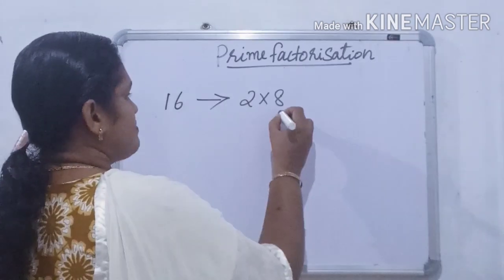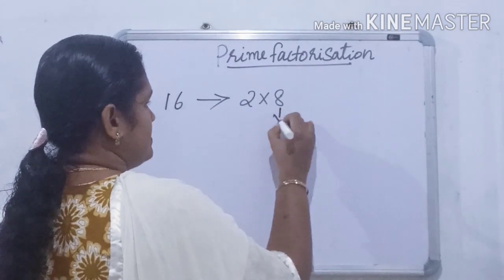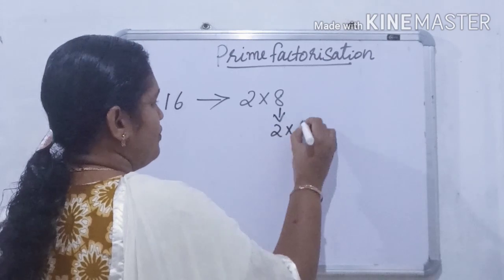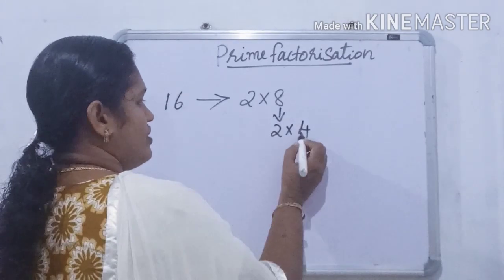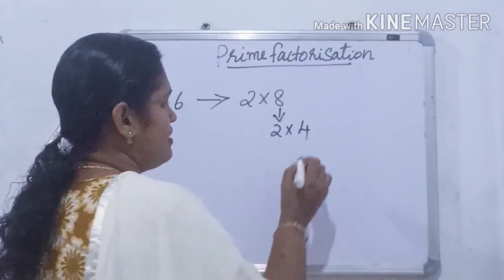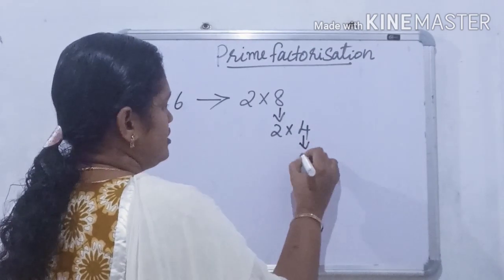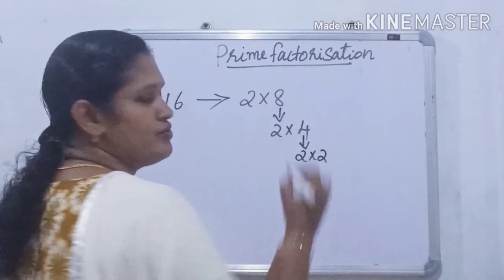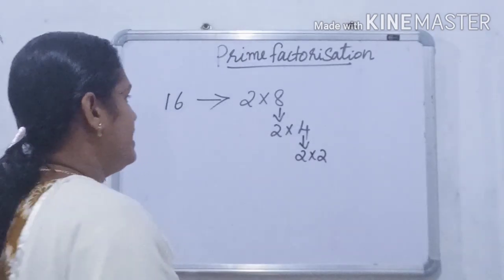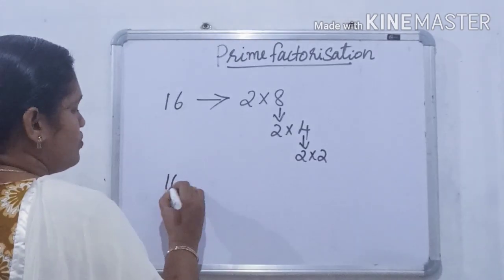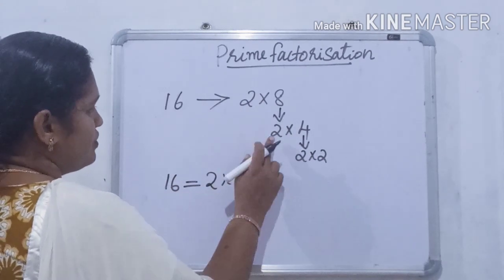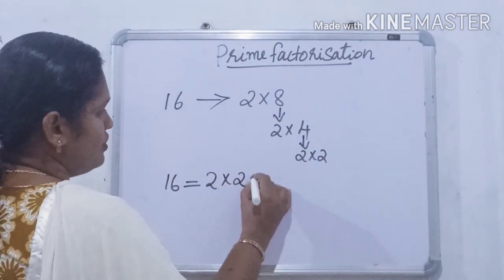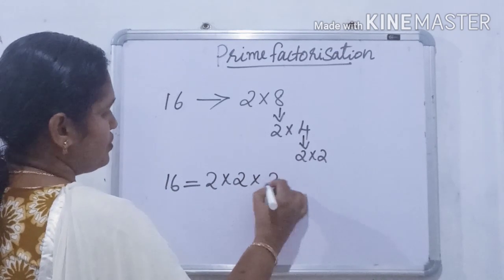So, we can split this 8: 2 into 4. Then 4 is a composite number. 4 we can split as 2 into 2. Clear? Then 16 equals 2 into 2 into 2 into 2.